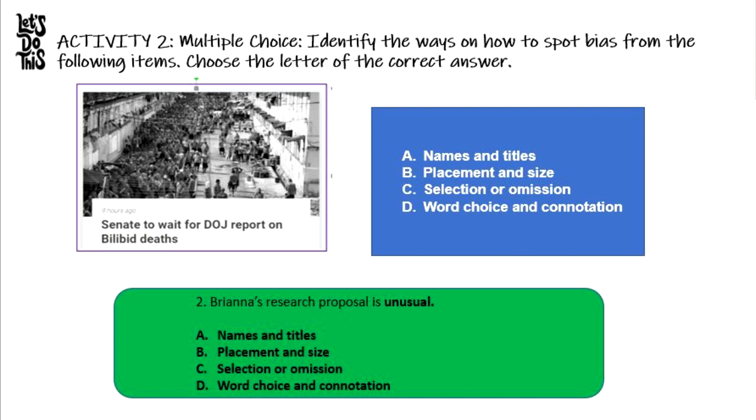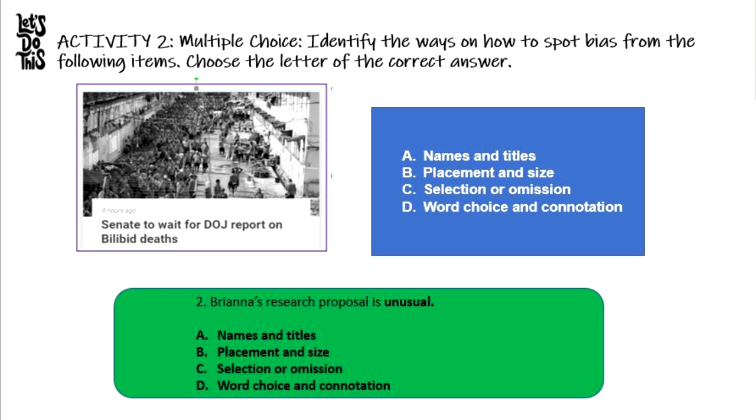Now, let's move on with activity 2, multiple choice. Identify the way on how to spot bias from the following items. Choose the letter of the correct answer. We have the choices: A. Names and titles. B. Placement and size. C. Selection or omission.